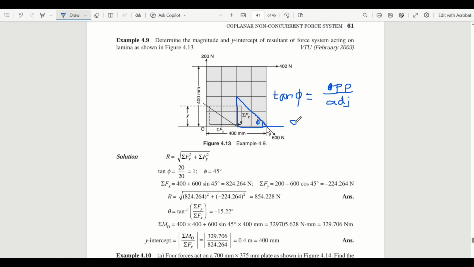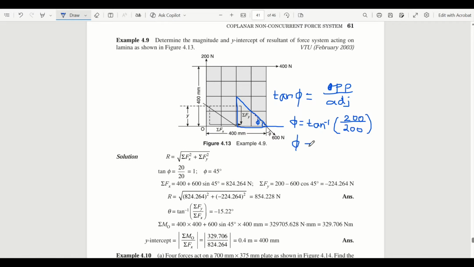You want phi, so shift the tan to the right, it will become tan inverse. Now the opposite is 200 divided by 200, so you will get 1.